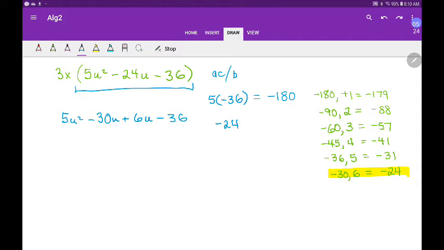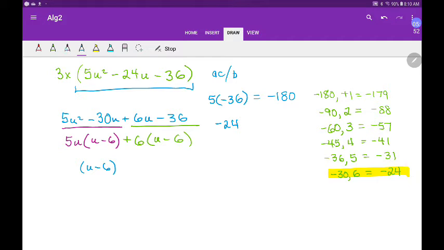And let's see, what shall we do? For this first one, I know that a u will come out and also a 5 will come out. So we'll say 5u, what's left? u minus 6 is left. And then what can come out here? Well, the positive 6 will come out, and I'll have u minus 6. Okay, so now I can write it like this. The u minus 6, obviously, I want that one. So I'm going to say u minus 6.